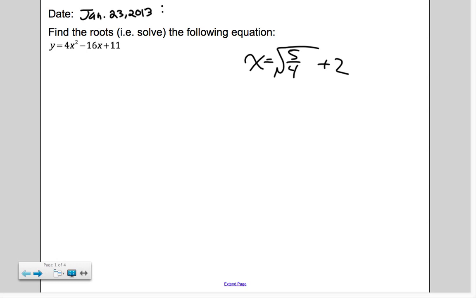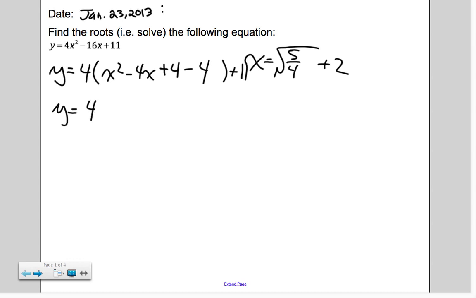Okay, looks like I have to complete the square on this one for you guys. So y is equal to, let's take 4 out, 4 times x squared minus 4x, and leave a space because I need to complete the square. Negative 4 divided by 2 is negative 2, squared is positive 4. So I need to subtract 4. So I get y equals 4 times (x minus 2) quantity squared, minus 4, plus 11.